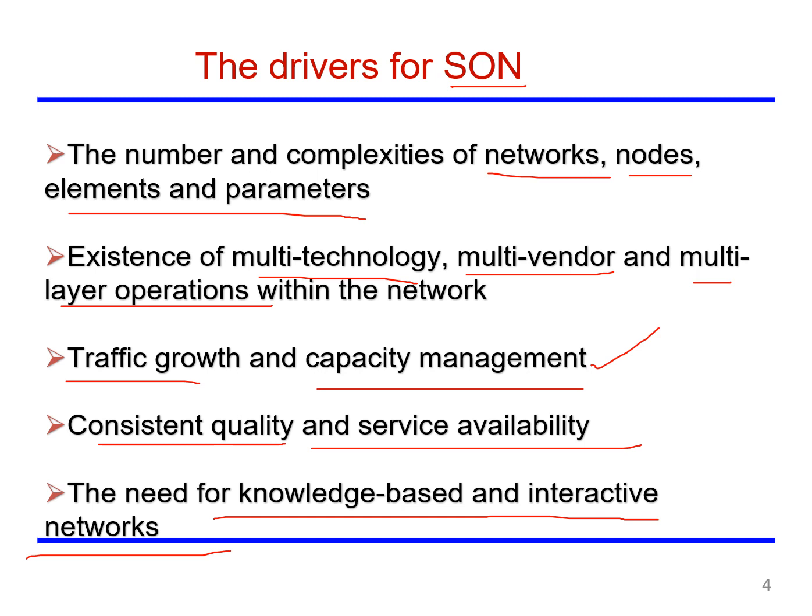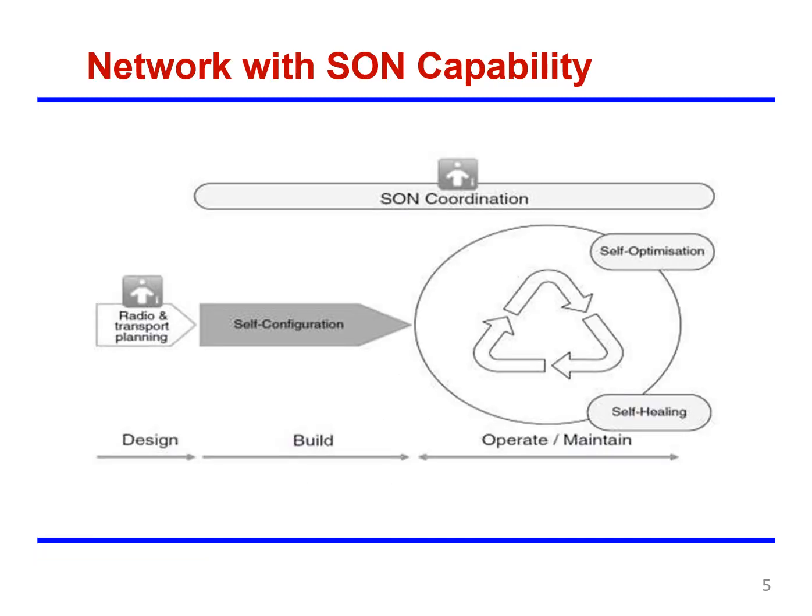So a network with an SON capability, which will be having the design feature, building feature, and operation and maintenance feature, will be done by the self-organizing network. Okay. Here you can see the SON coordination is there. This is SON and this is SON NMS.